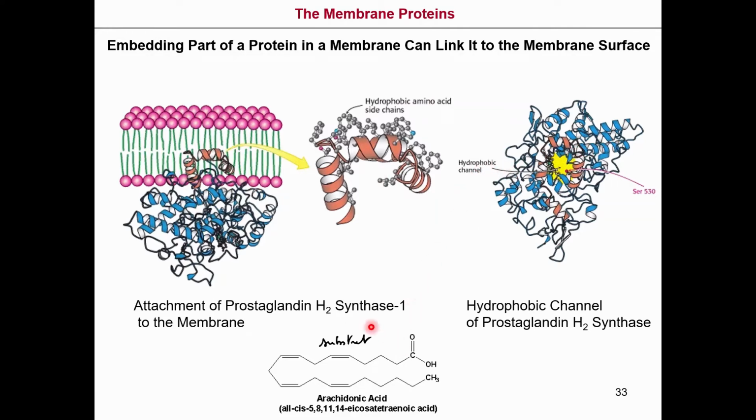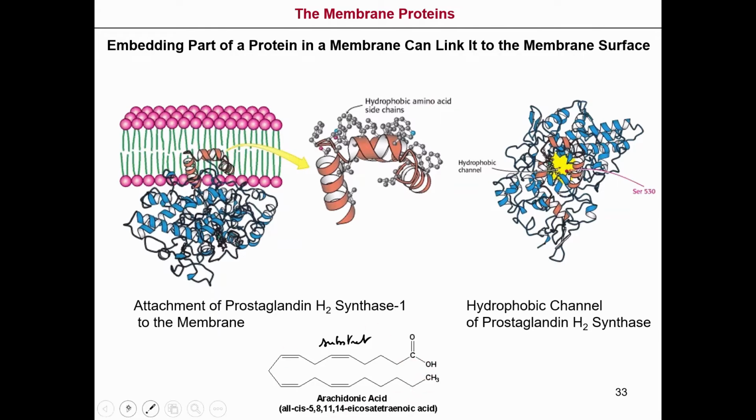So the fact that this protein is attached to the membrane allows the substrate to go to the active site by the hydrophobic channel and avoid contact with water, because this molecule is hydrophobic.